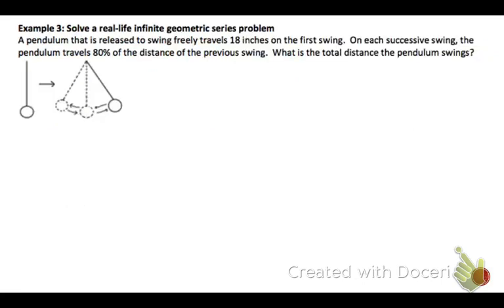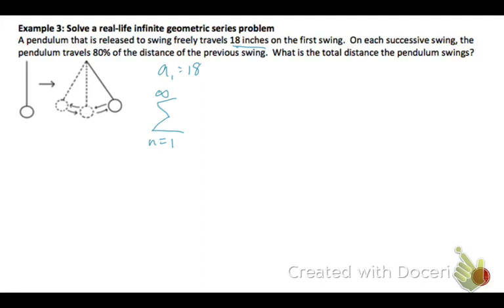Look at this real-life problem. A pendulum that's released to swing freely travels 18 inches on the first swing. On each successive swing, the pendulum travels 80% of the distance of the previous swing. What's the total distance that the pendulum swings? Our first term in this situation is 18.